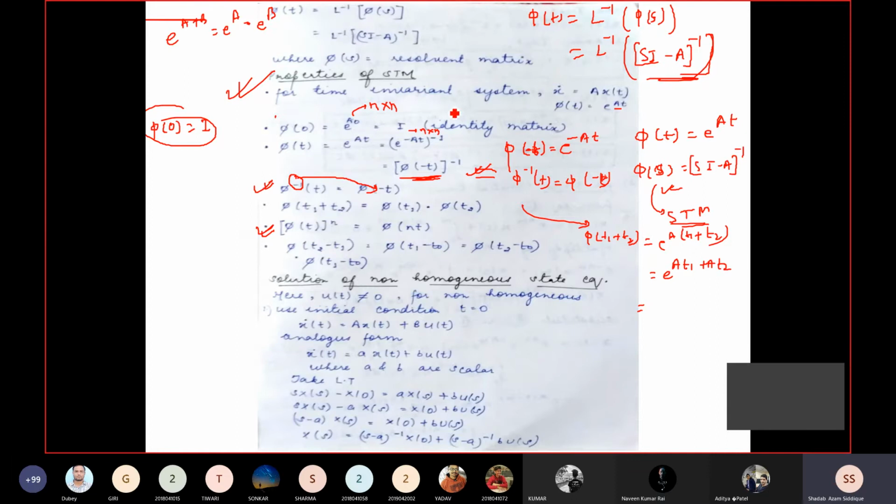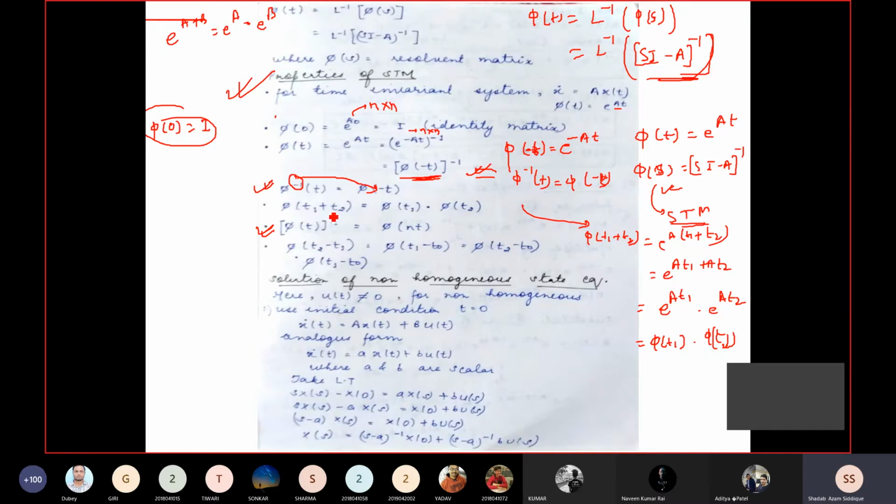The base is the same, and the powers are written over there. So e to the power a t1 into e to the power a t2 you can write. So what is e to the power a t1? It is nothing but phi(t1), and the other is phi(t2). This is the proof of this property. So phi(t1 plus t2) is written as phi(t1) into phi(t2).